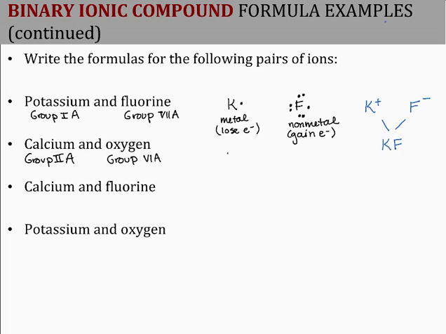So calcium has 2 valence electrons, and oxygen has 6. 1, 2, 3, 4, 5, and 6. So again, calcium is a metal, so it's going to lose electrons. And oxygen is a nonmetal, so it's going to gain electrons.